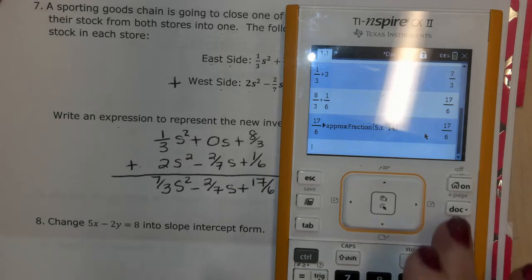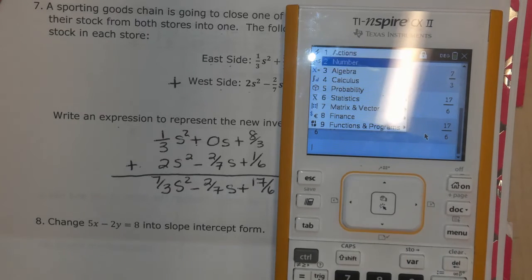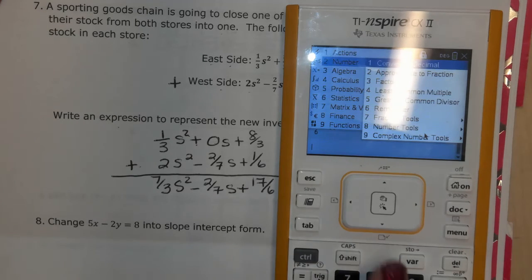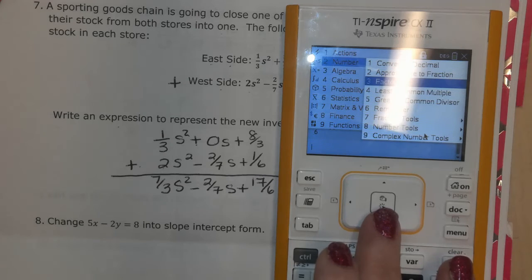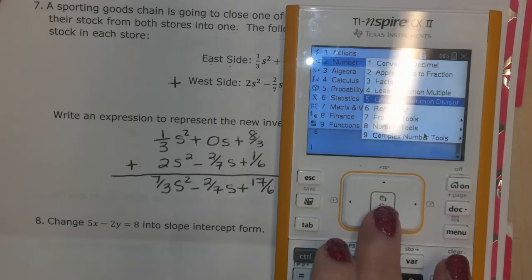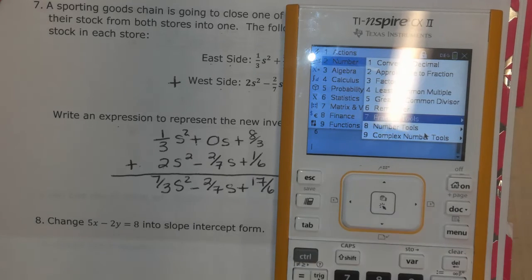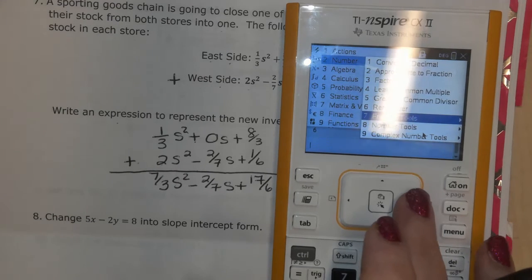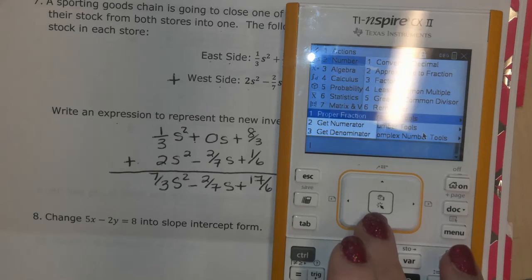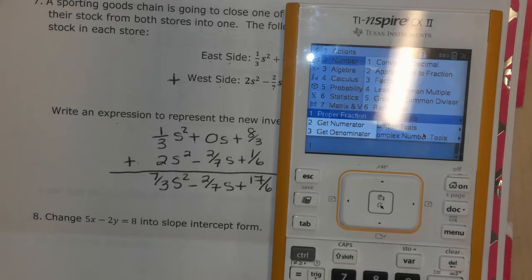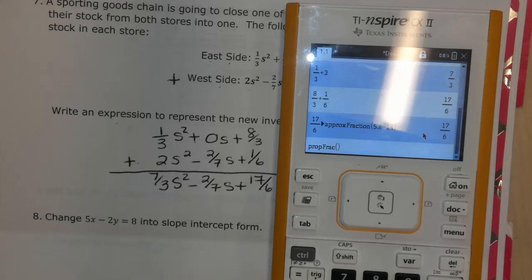So I want a mixed number. Let's see if it gives me that choice. Number. Convert to a decimal. Factor. Fraction tools. I got to come down there to fraction tools. I want a proper fraction. Let's see. Oh, it's going to make me enter it.